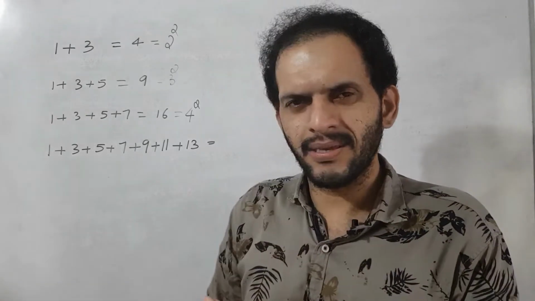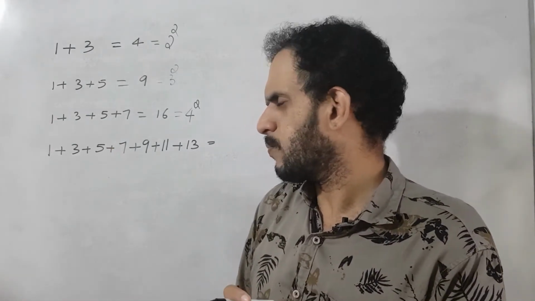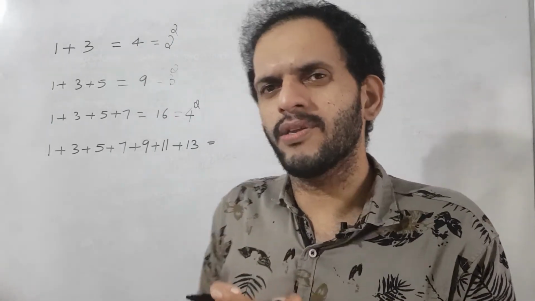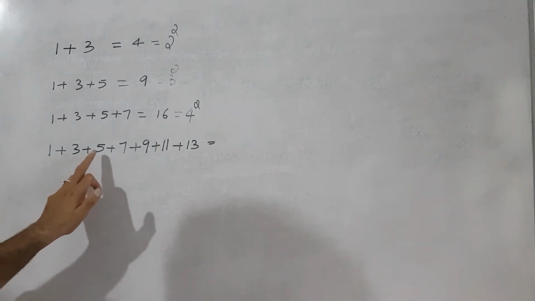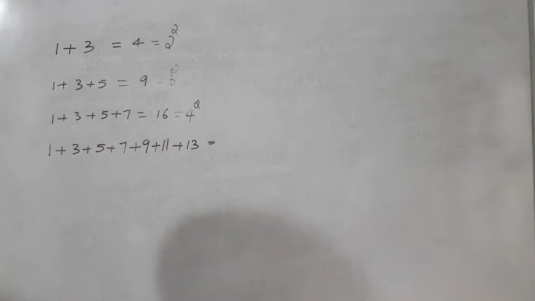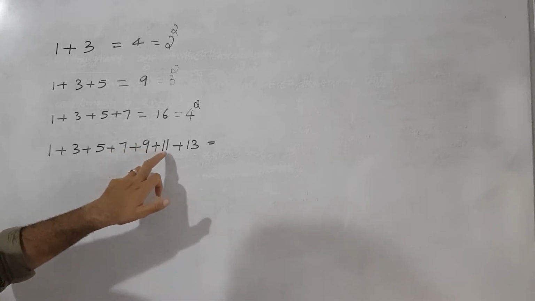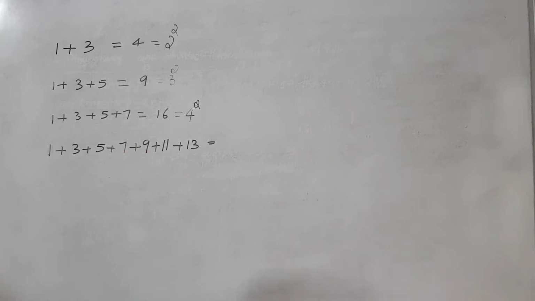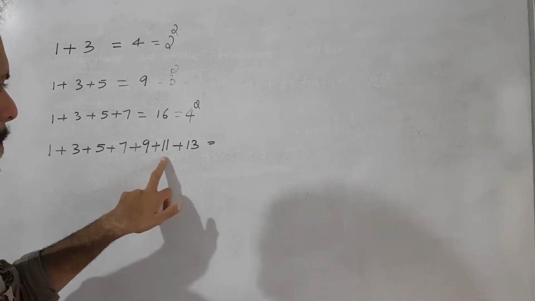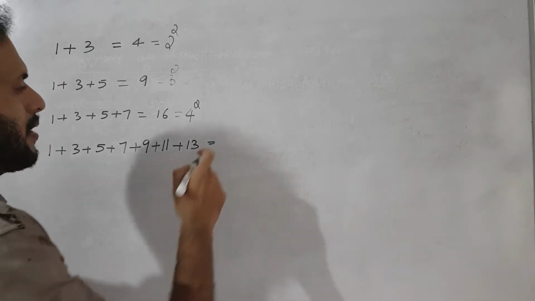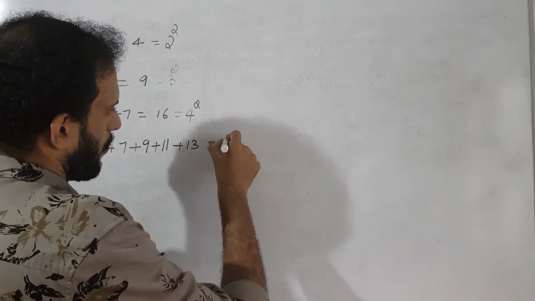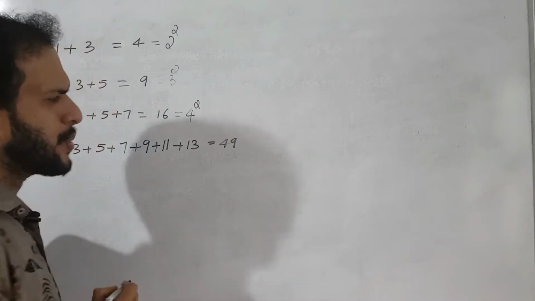So we just check that this is true here. 1 plus 3 plus 5 plus 7, we know the result is 16. 16 plus 9 is 25, correct? 25 plus 11 is 36. 36 plus 13 is 49, correct? 49 is a square number.